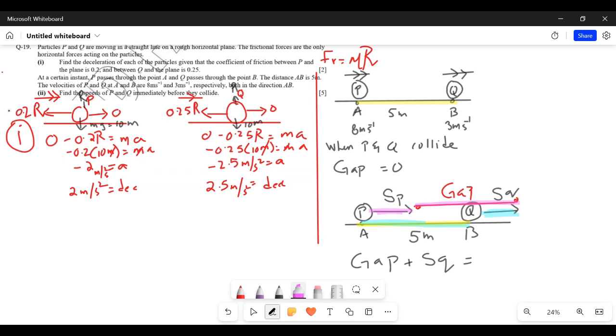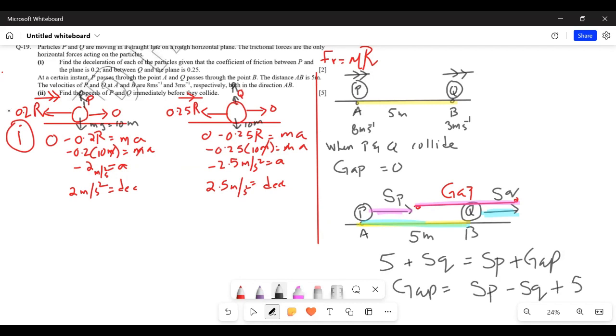The distance is the same. Sorry, it should be 5 plus SQ. So 5 plus SQ equals SP plus gap. So gap equals SP minus SQ plus 5.